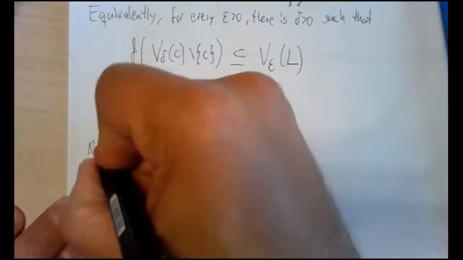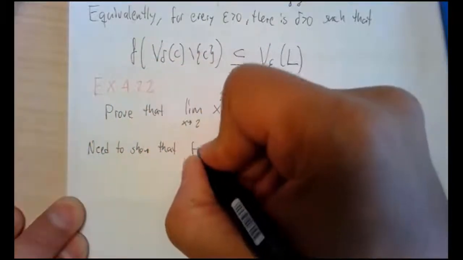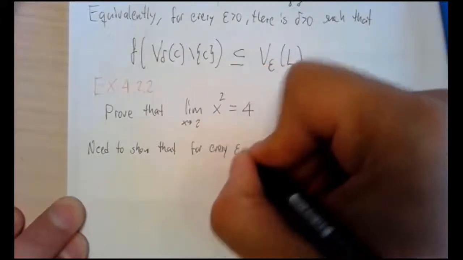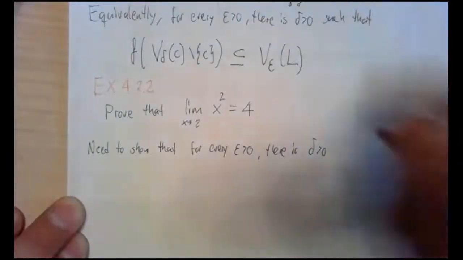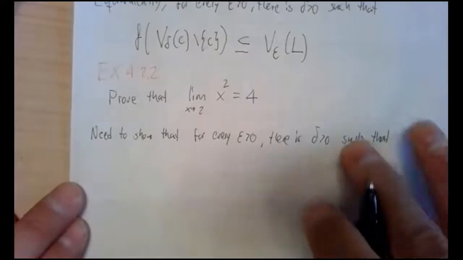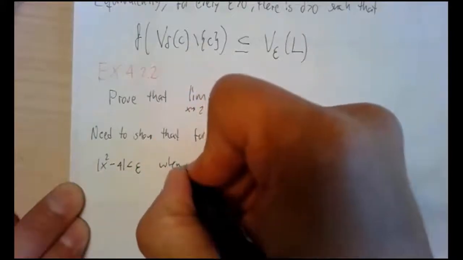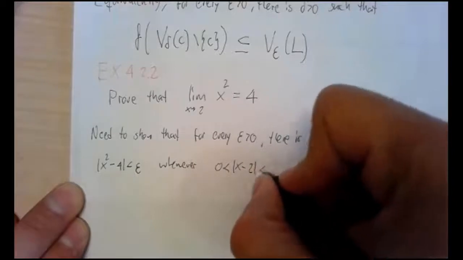We need to show that for every epsilon, there is delta such that |x squared minus 4| is less than epsilon whenever 0 is less than |x minus 2| is less than delta, right? That's what we need to do.